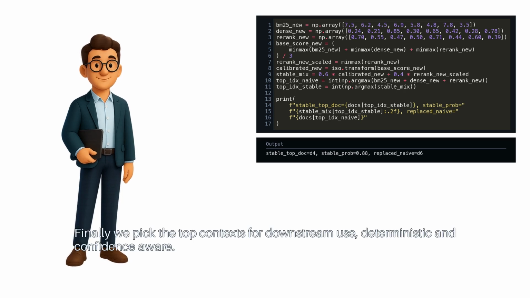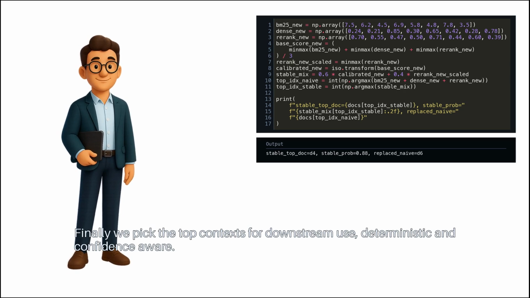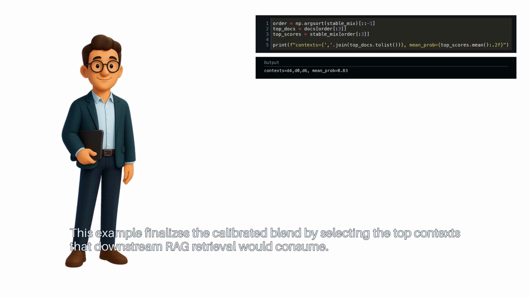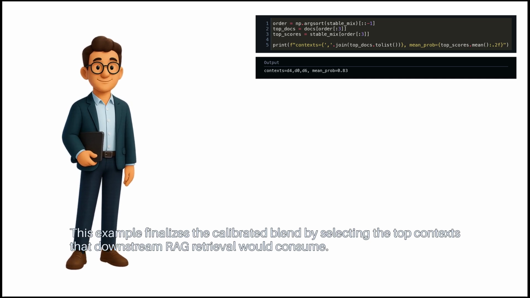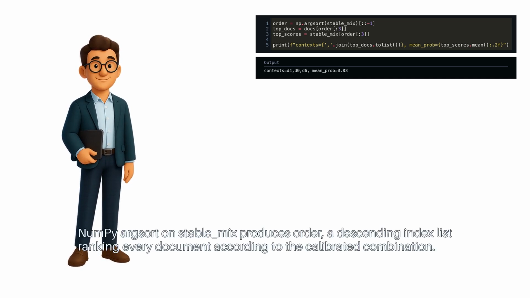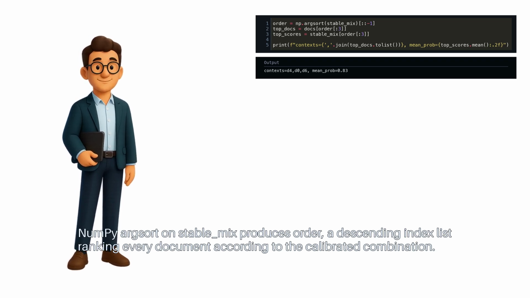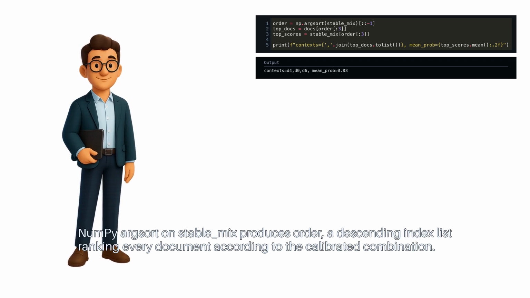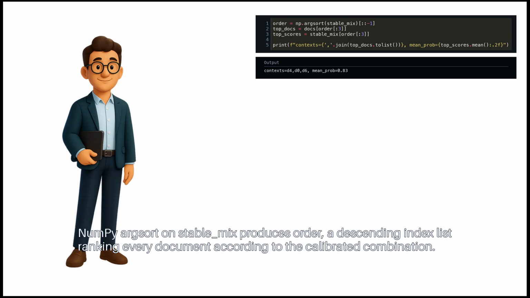Finally, we pick the top contexts for downstream use: deterministic and confidence-aware. This example finalizes the calibrated blend by selecting the top contexts that downstream RAG retrieval would consume. NumPy argsort on stable mix produces order, a descending index list ranking every document according to the calibrated combination.